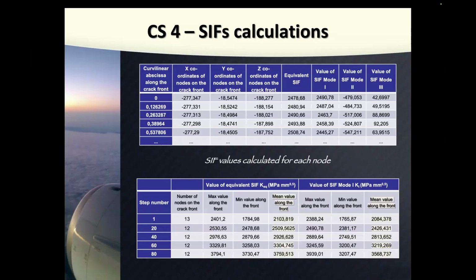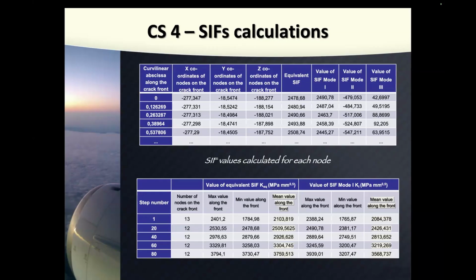Because the crack front is some curve, they use a curvilinear abscissa along the crack front. The next three numbers are X, Y, and Z coordinates of the node in the general coordinate system. You can see -277 millimeters, -18, -118.